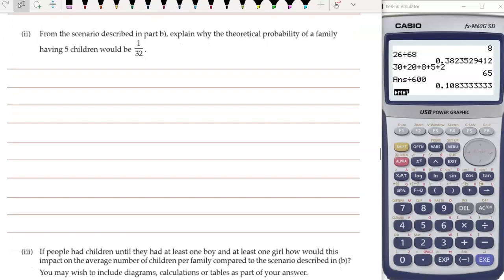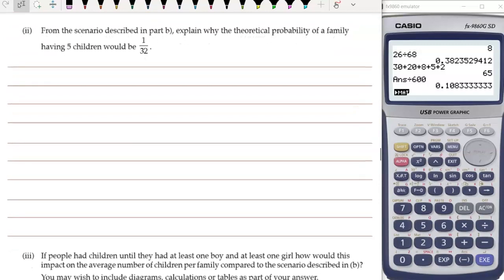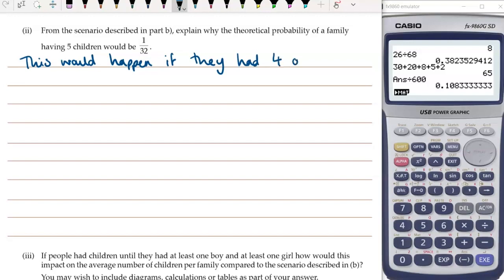Okay, now we're asked to work out the theoretical probability of a family having 5 children. So this would happen if they had 4 girls, then 1 boy. And I'm writing this out in full because the question says explain.